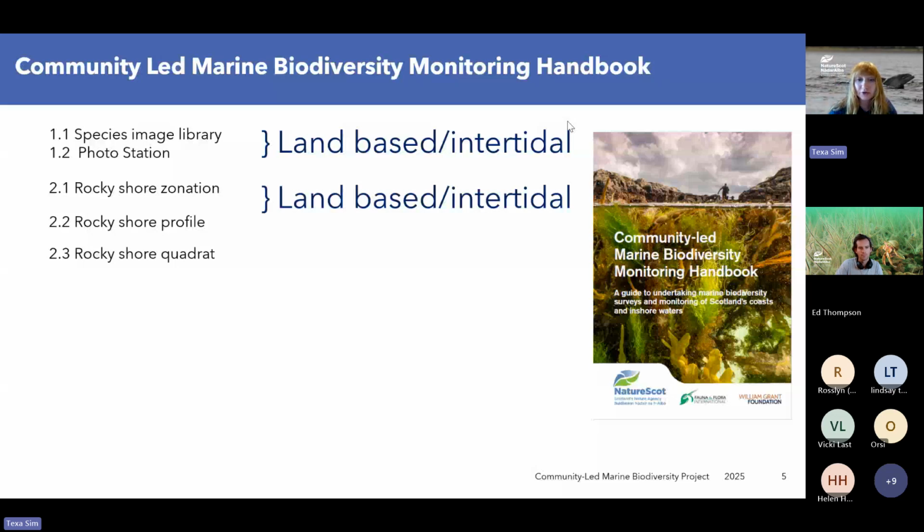And then finally, we've got the quadrat method, which a lot of you will be really familiar with, which is a really useful one for looking at the ecology and biological species of each shore zone. And when you do this over time, it's also a really good opportunity to look at changes over time as well.